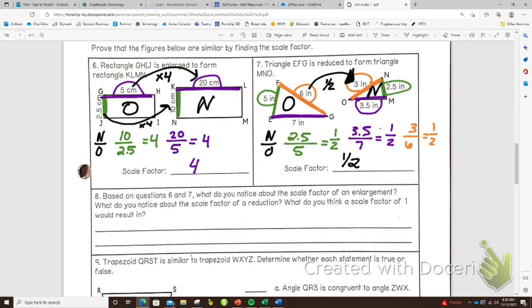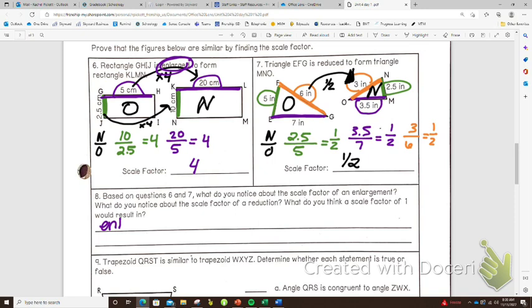So number 8 says, based on questions 6 and 7, what did you notice about the scale factor of an enlargement? What did you notice about the scale factor of a reduction? And what do you think a scale factor of 1 would result in? So number 6 told us that it was enlarged, which means our shape got bigger.